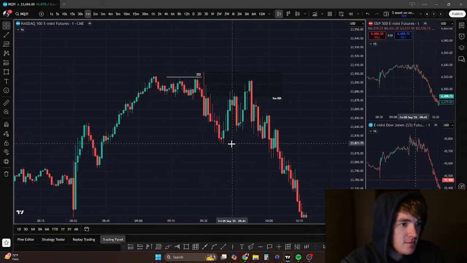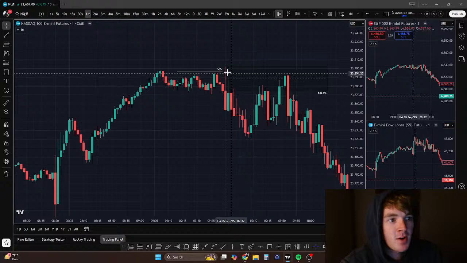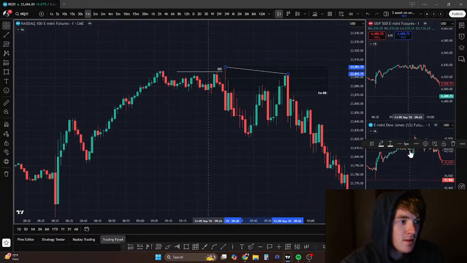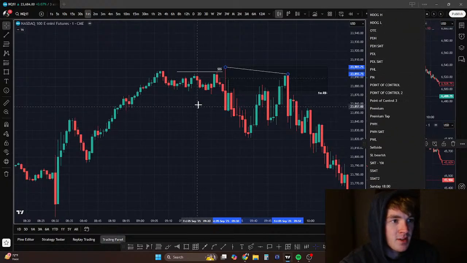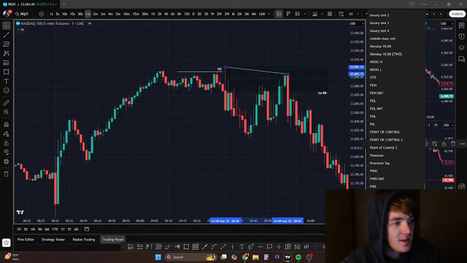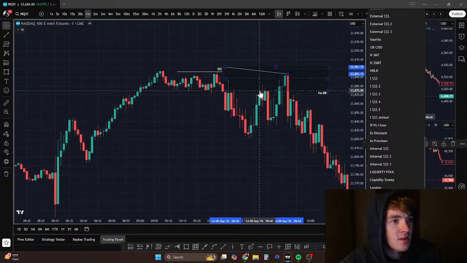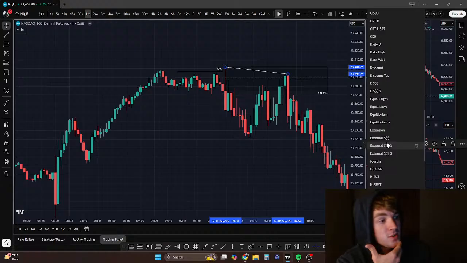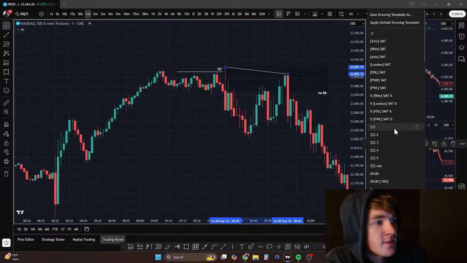And then this for Phoenix model, all you need is SMT, a rejection block, and yeah, you want to have that rejection block ideally have swept liquidity. And that's it. That's all you need. And you can enter at the actual rejection block, or you can enter at consequent encroachment. And if you enter at consequent encroachment, it's essentially double the RR. And I call that Phoenix Mini.